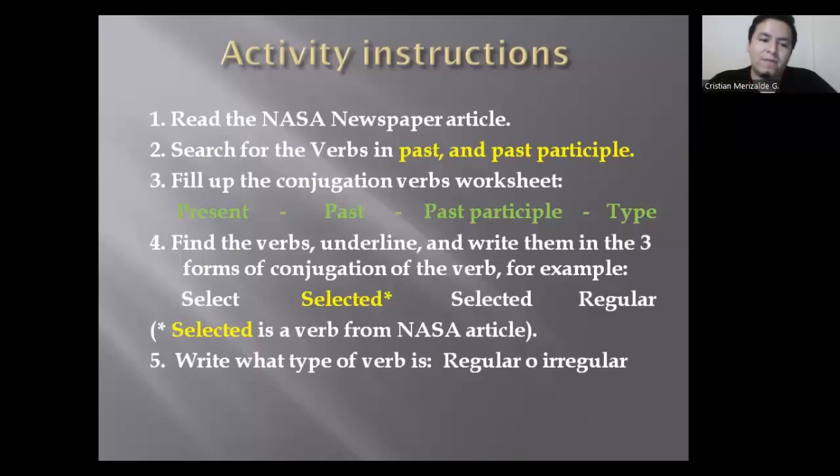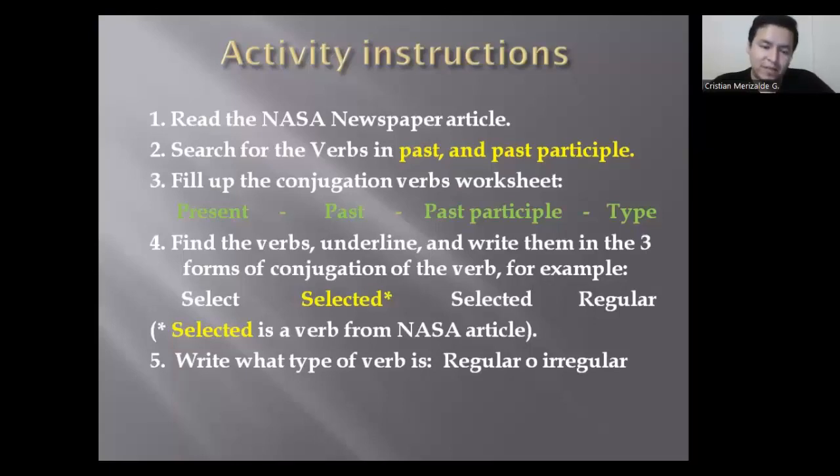Point number 4, find the verbs, underline, and write them in the 3 forms of conjugation of the verb. So we have here an example. In your reading, you will see the word select. So you put the word select. What is the present tense of select?